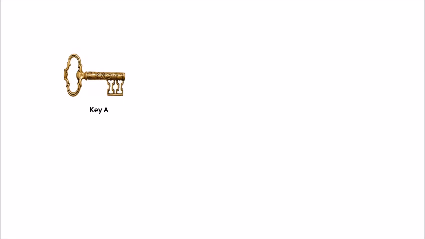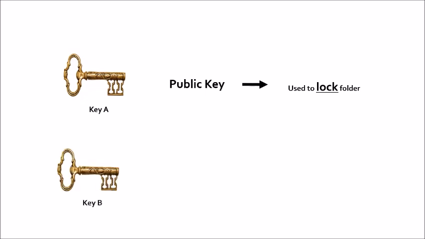Each key and lock has a different function. In our example, key A will be our public key. Public keys are used to lock boxes. Remember, they are only used to lock. In our example, key B will be our private key. Private keys are used to unlock boxes or messages. Remember, they can only be used to unlock. Now, here is how we use PGP.